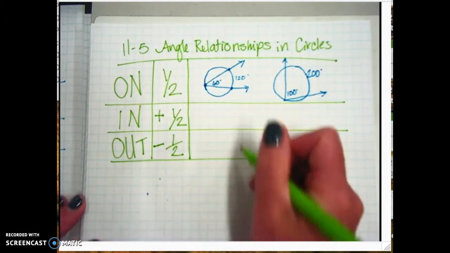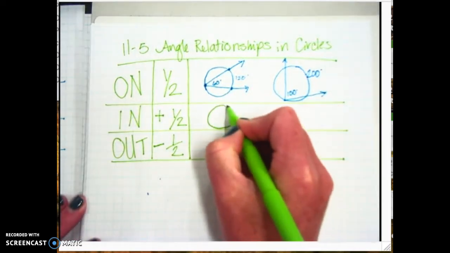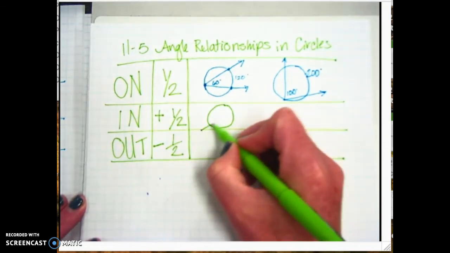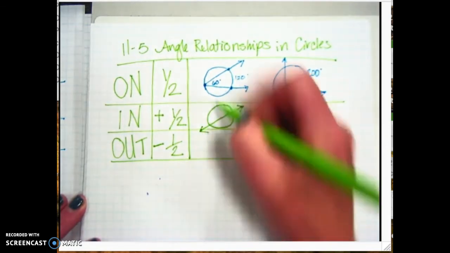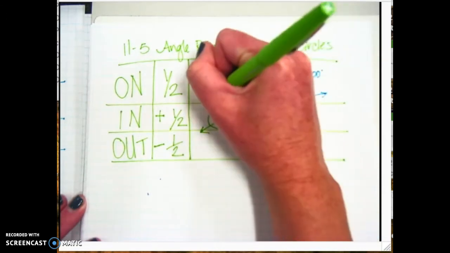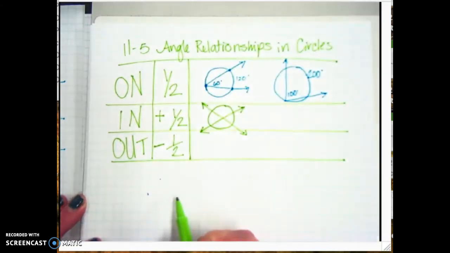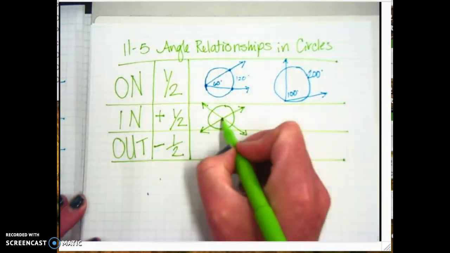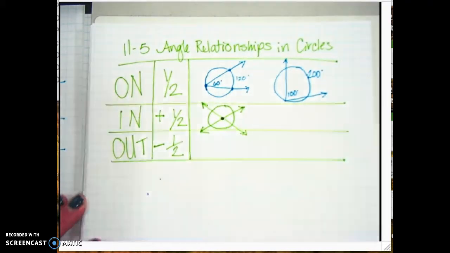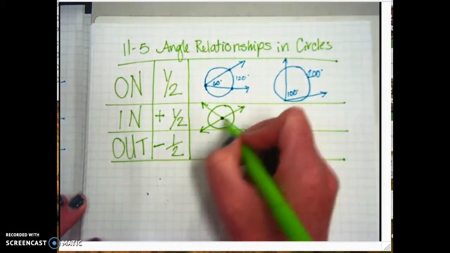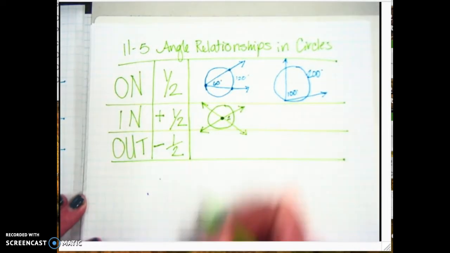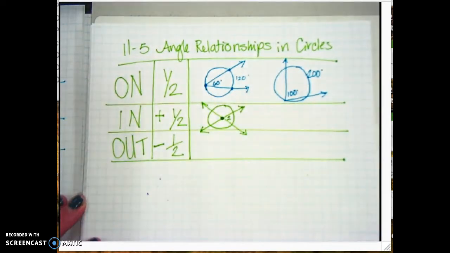Okay? The next kind will be a circle where you'll have two intersecting lines creating a vertex on the inside of the circle. If we want this angle right here, we'll call it angle 1.